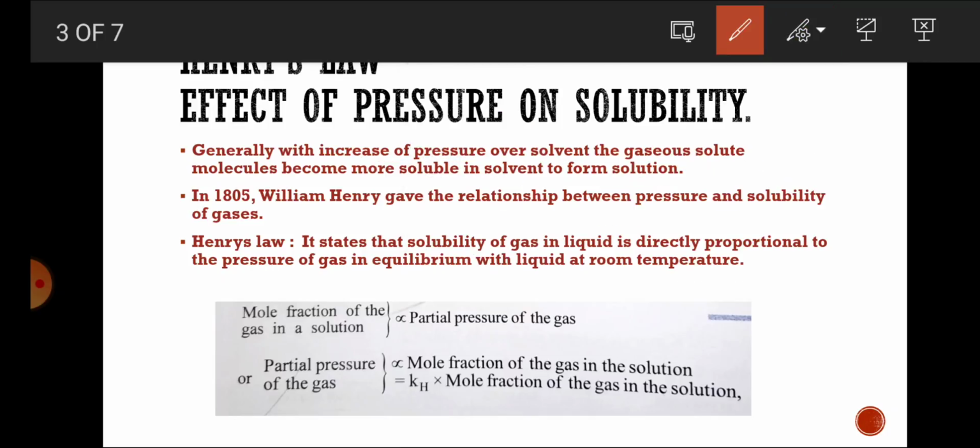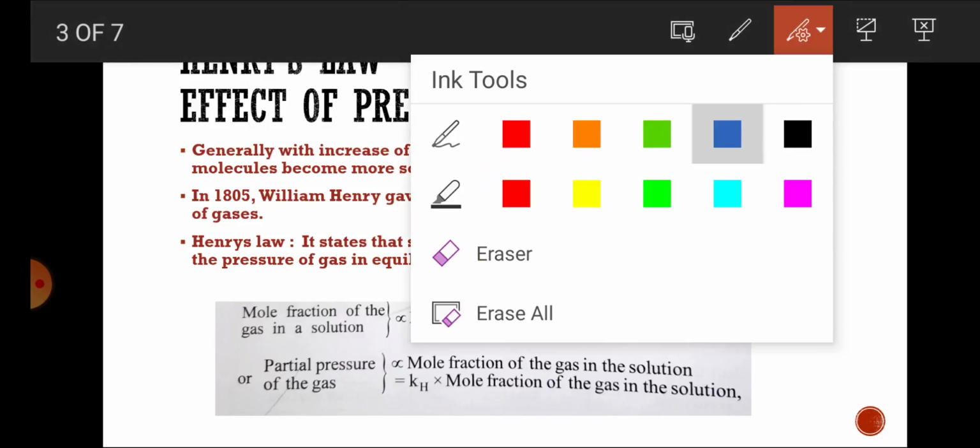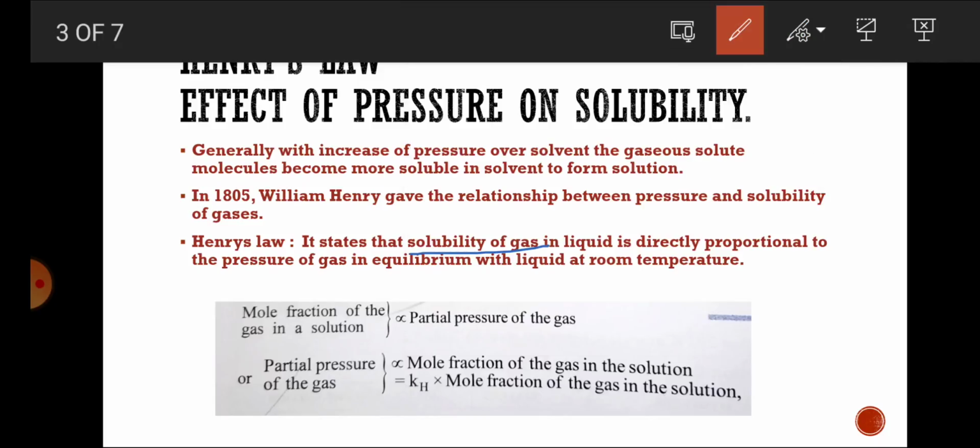There is Henry's law, which is related to the pressure. Henry's law states that the solubility of a gas in a liquid is directly proportional to the pressure of the gas in equilibrium with the liquid at room temperature.